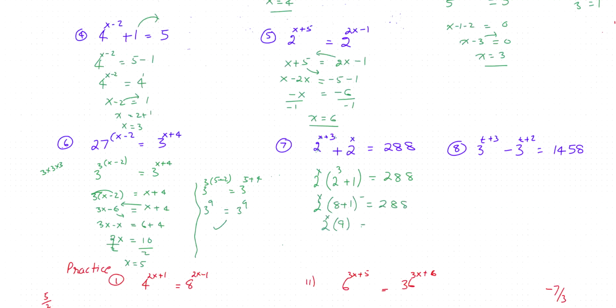So divide by 9, divide by 9. So cancel. So 2 to the power x equals 9 3s are 27 and 9 2s are 32. So what can we write for 32? 2 to the power x equals 2 to the power 5. So x equals 5.